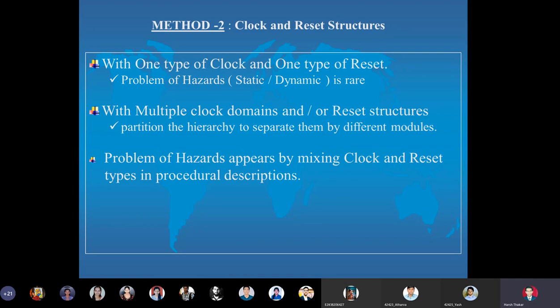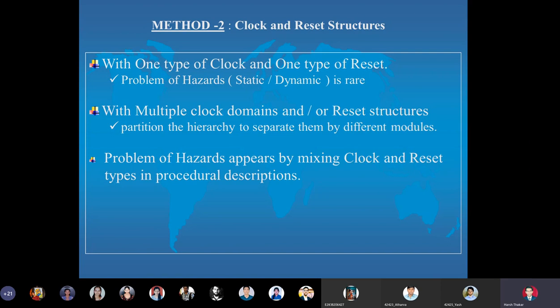A static hazard is basically a hazard wherein the output of a digital system actually gets stuck at zero. Although the inputs are such that the output should theoretically be 1, actually it is 0. That is called a static 0 hazard. Similarly, if the output of the system for some input combination should be logic 0, and it is coming as 1, then we say the system is suffering from a static 1 hazard.